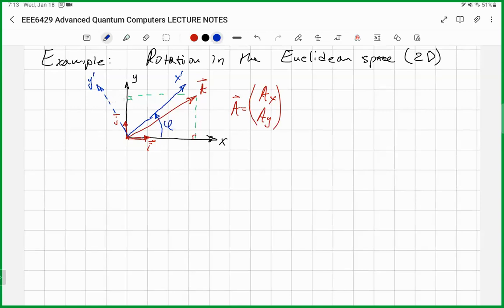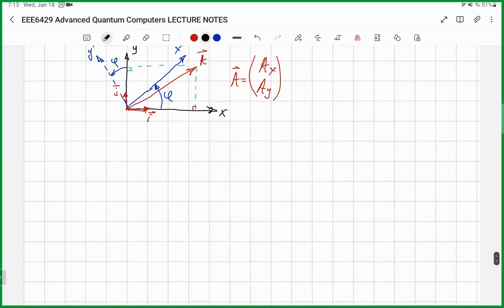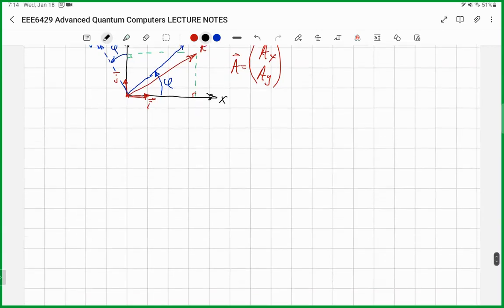Angle phi here and here. All right. And the question now is how to represent the components of the vector A in the new coordinate system through the components of the vector in the initial coordinate system. And the solution is given by the so-called rotation matrix.